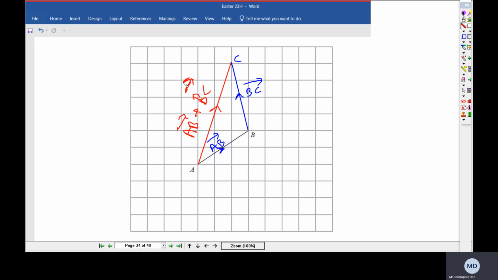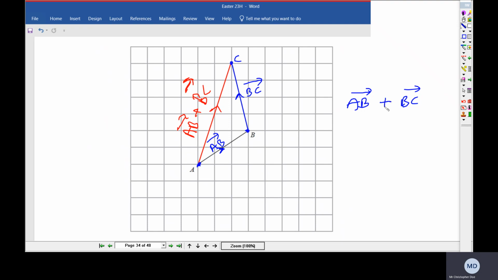I know it looks like, oh, it's a diagonal line, it's going to be shorter. Doesn't matter. When you start at A and go from here to here, you do AB. When you go from here to here, you do BC. But when you do one followed by the other and add the journeys up, you basically add vectors up.